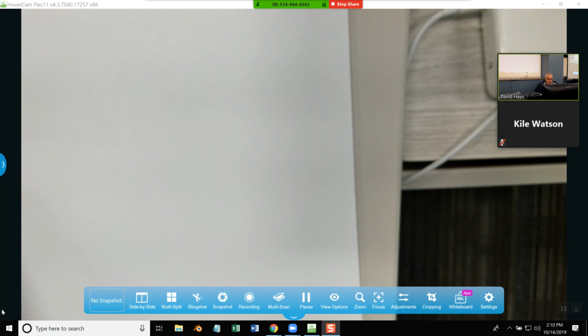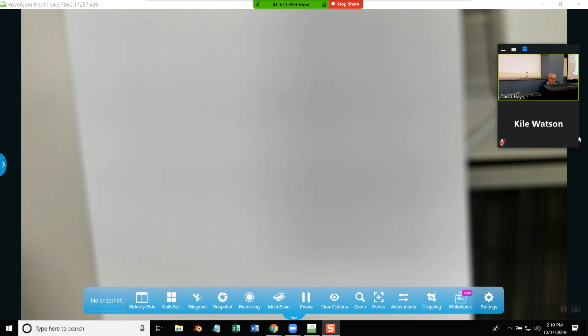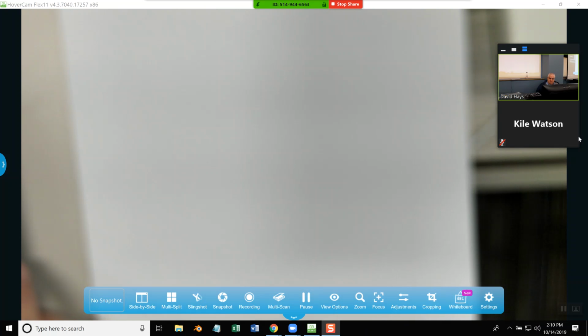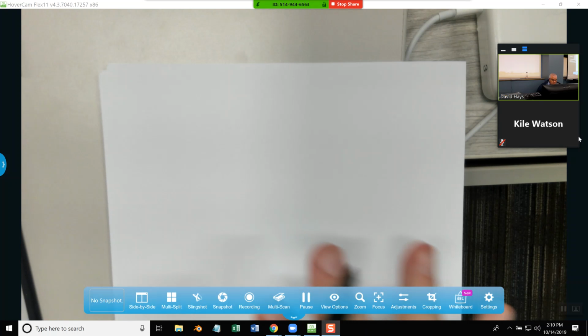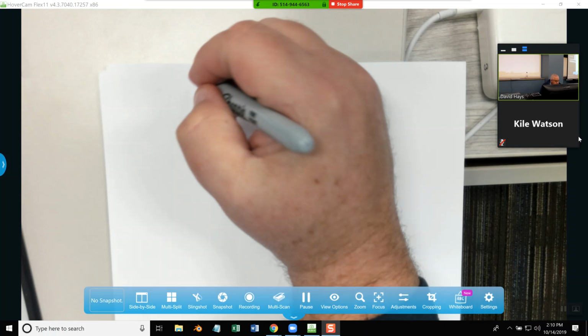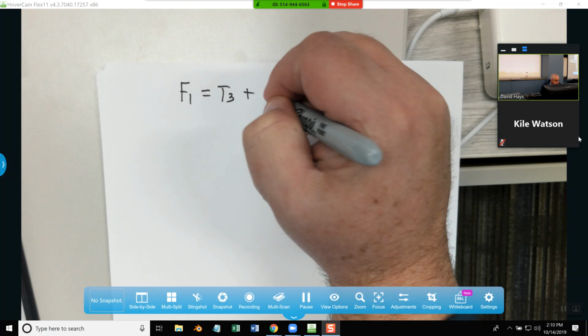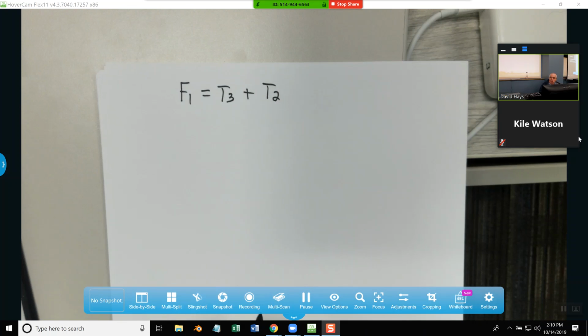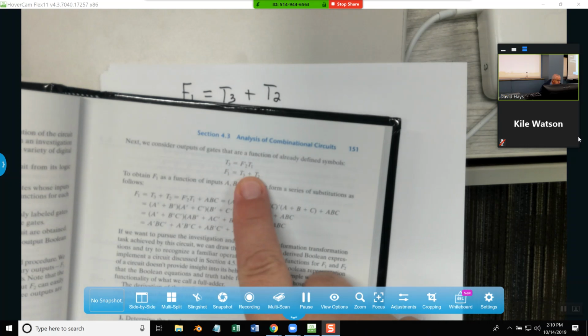So we got F1 is equal to T3 plus T2. The line right above it, T3 is equal to F prime sub 2 at T1. So this is going to be replaced as F prime sub 2, T1, or T2.